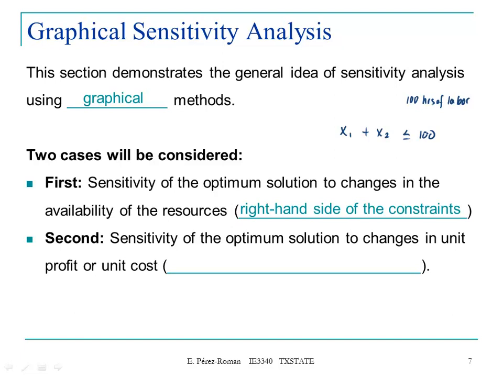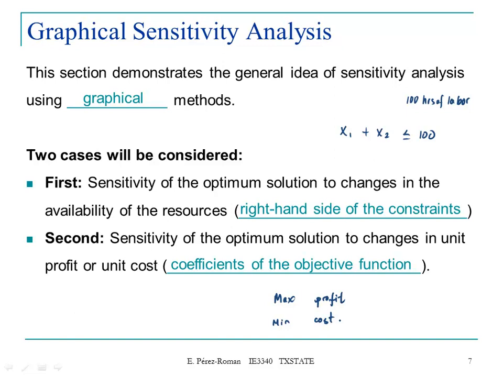And the second type is the sensitivity of the optimal solution to changes in unit profit or unit cost. So here we're going to deal with the objective function. When you look at the objective function, most of the time you're trying to maximize profit, or minimize cost.